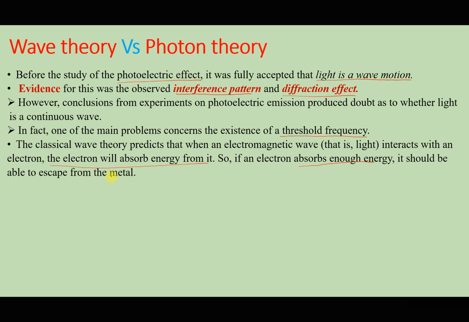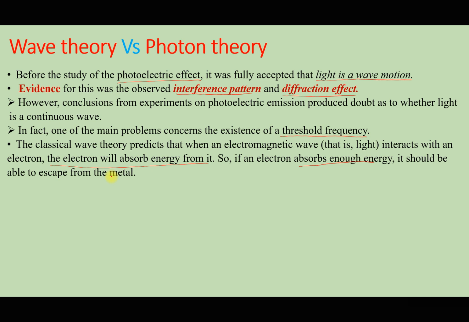So the wave theory is telling us we can shine light on the metal surface for a long period of time, and the electrons in the metal surface will continuously absorb energy from the light, and when they gain enough energy, they will be able to leave the metal surface. Unfortunately, this does not happen.